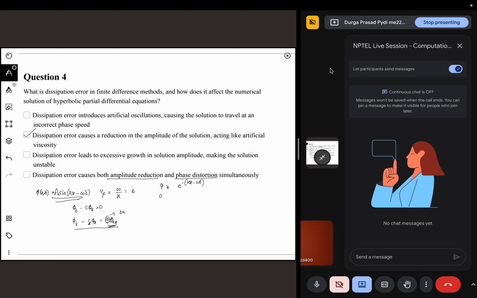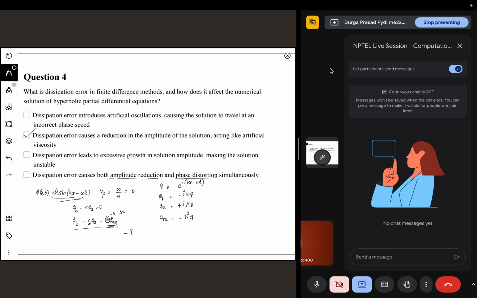So phi t will be minus i omega times phi, phi x will be ik times phi, and we have phi xx, which is minus k square times phi, and substitute that back here.